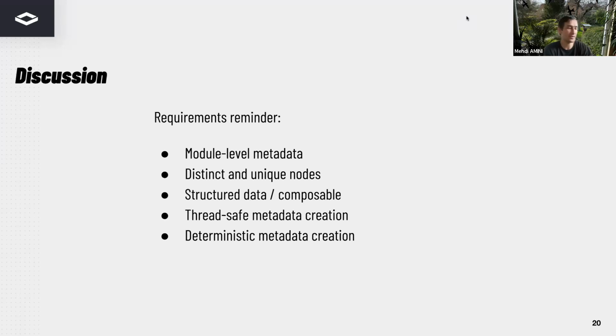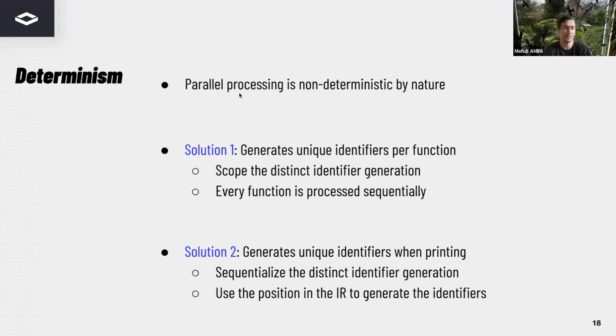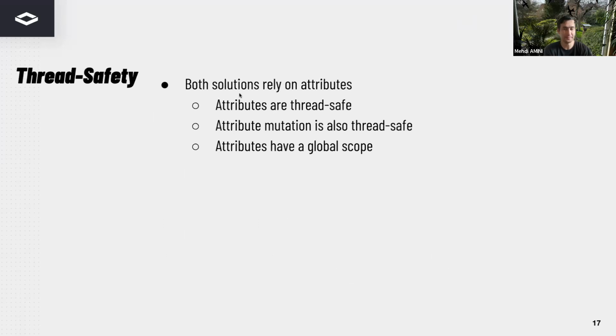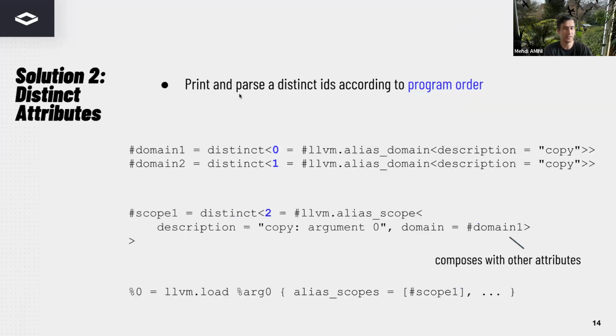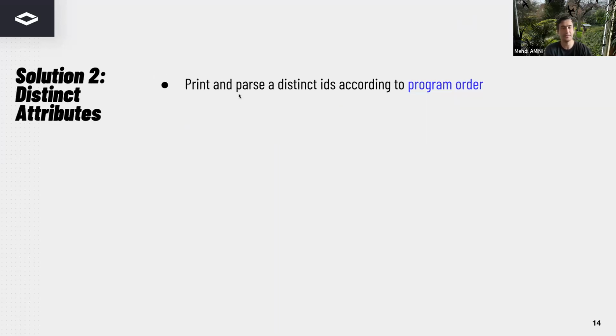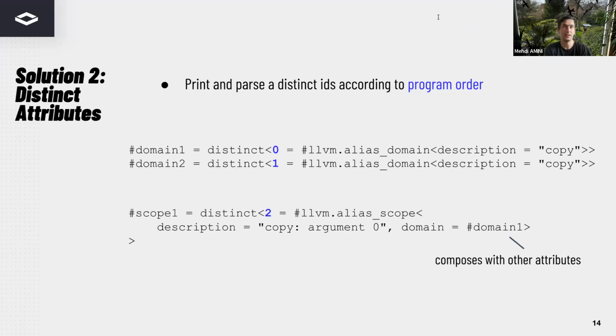I'm wondering about your printing. If you can go back to the slide where you show how you want to print this, you said you're going to have a unique ID that is computed by the printer. So I assume it's kind of the same mechanism as the SSA values. Yes. That's going to do numbering.